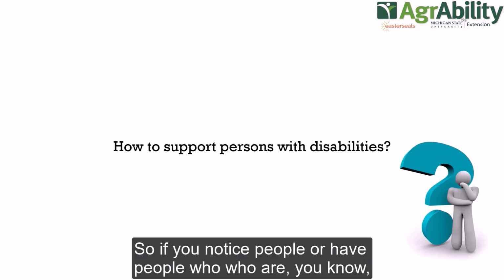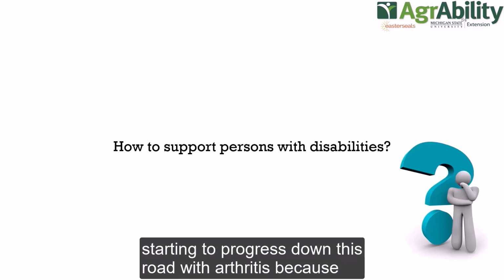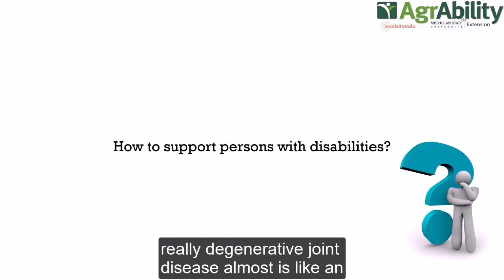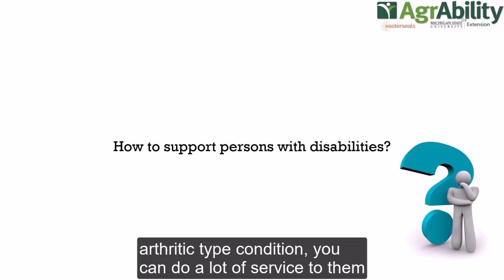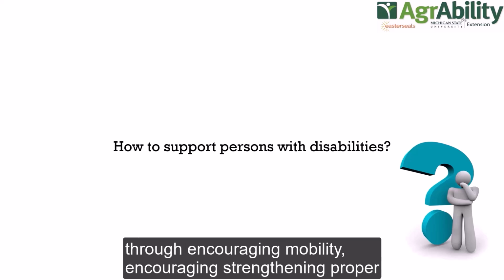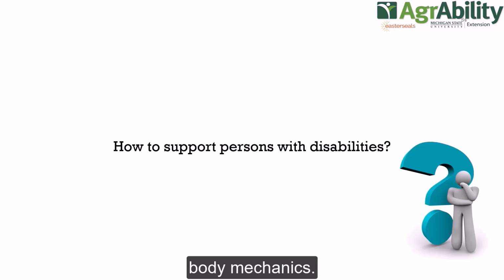So if you notice people who are starting to progress down this road with arthritis, because really degenerative joint disease is almost like an arthritic type condition, you can do a lot of service to them through encouraging mobility, encouraging strengthening, and proper body mechanics.